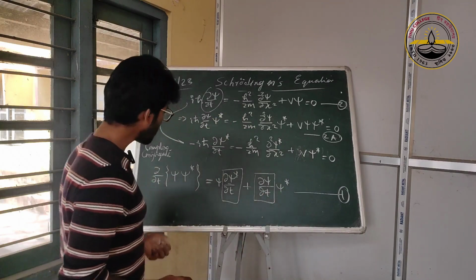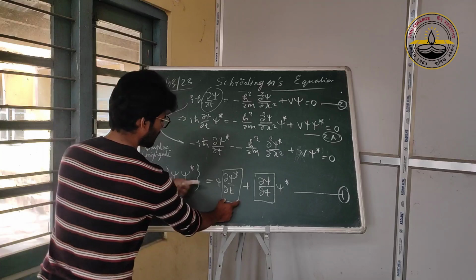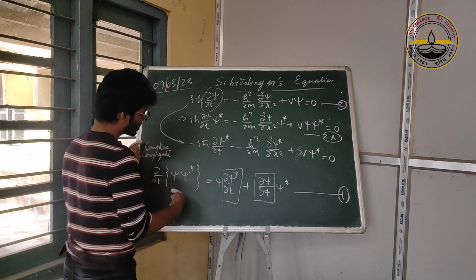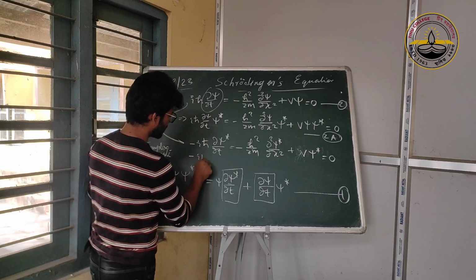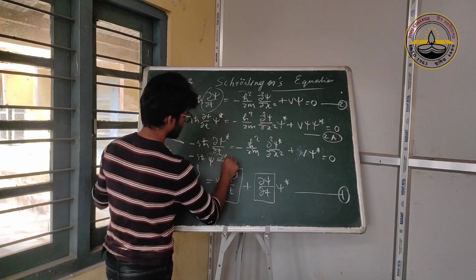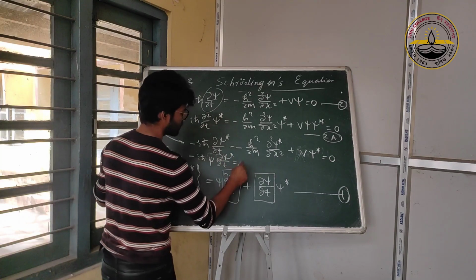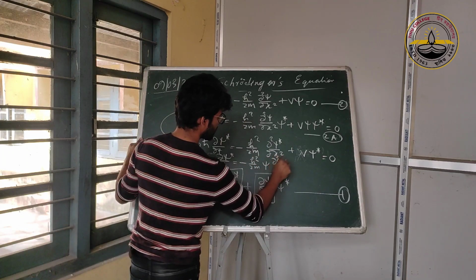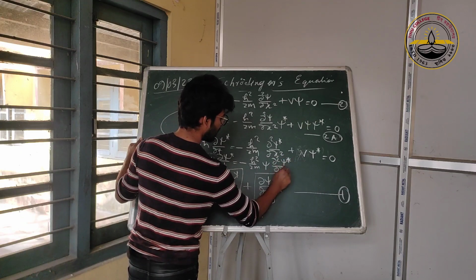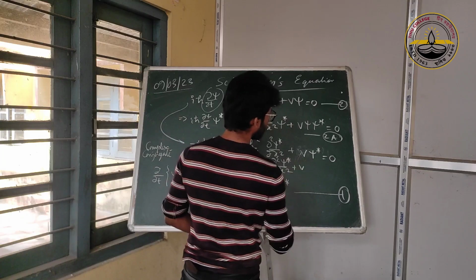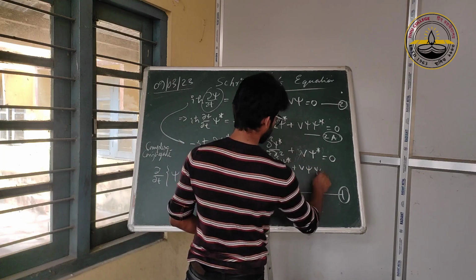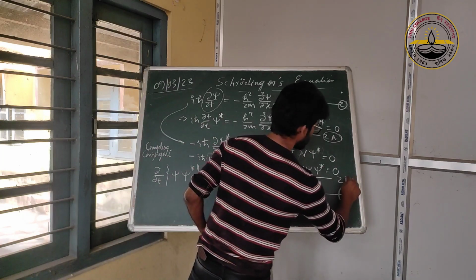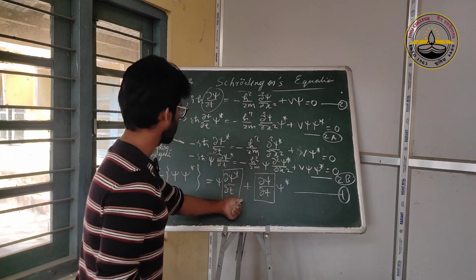Now, once again, we need to multiply by a chi from this side. So let's do that. We will have i h cross chi del chi star del t equal to minus h cross square over 2m chi del square chi star del x square plus V chi star equal to 0, right? Let's call that 2b.